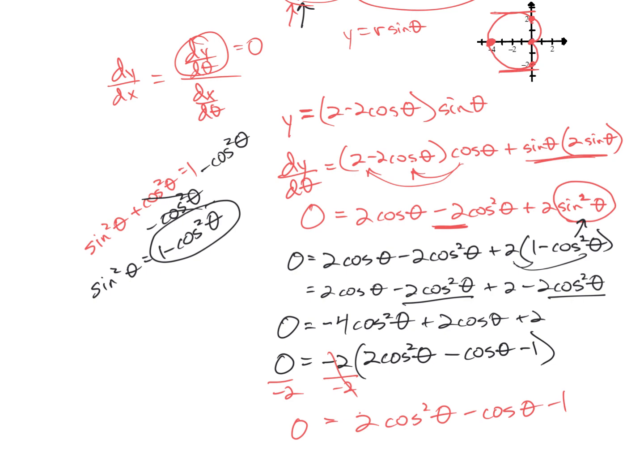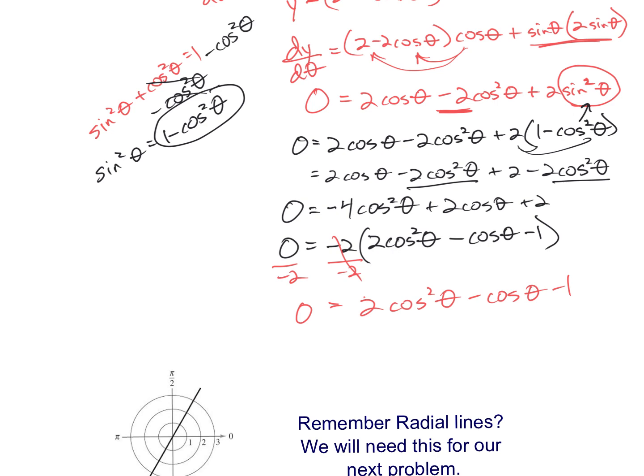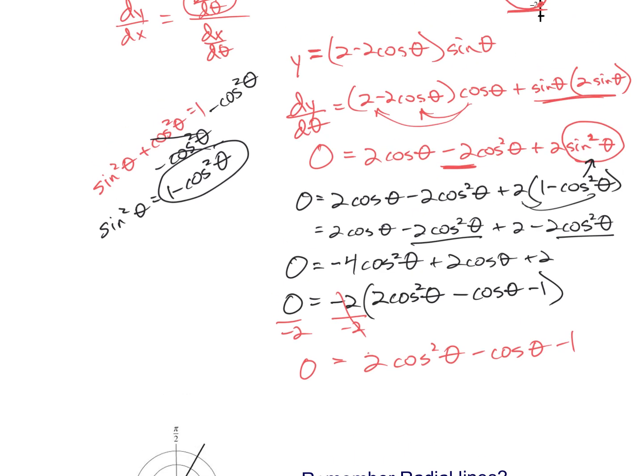Okay. So now, if you don't like factoring it like this, then go ahead and just substitute out something for the cosine. So like maybe make the cosine of theta equal to x. If you put an x in there, then this becomes an x squared, and that's a minus x. So I have 2x squared minus x minus 1.